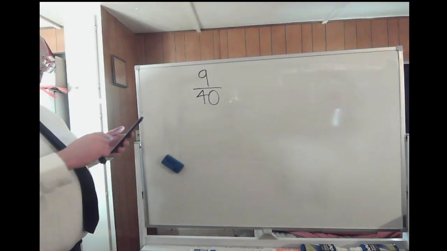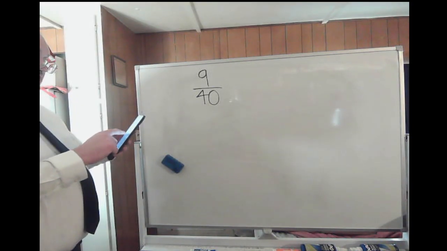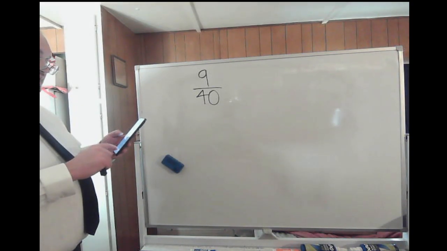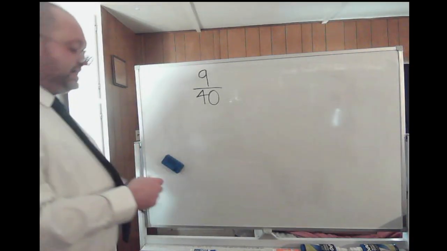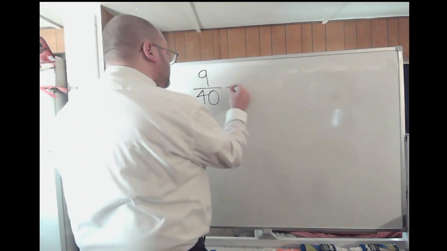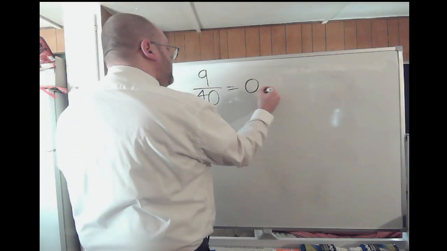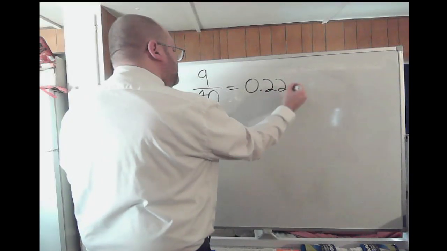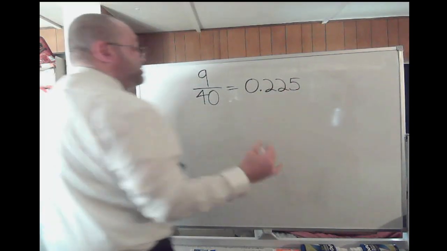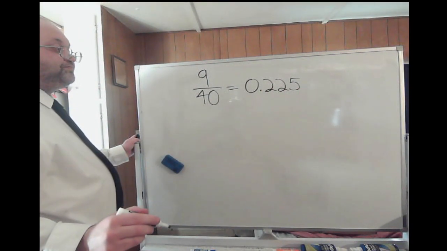So we want to convert 9/40 into a decimal first. 9/40 as a decimal is equal to 0.225. So we got a decimal.